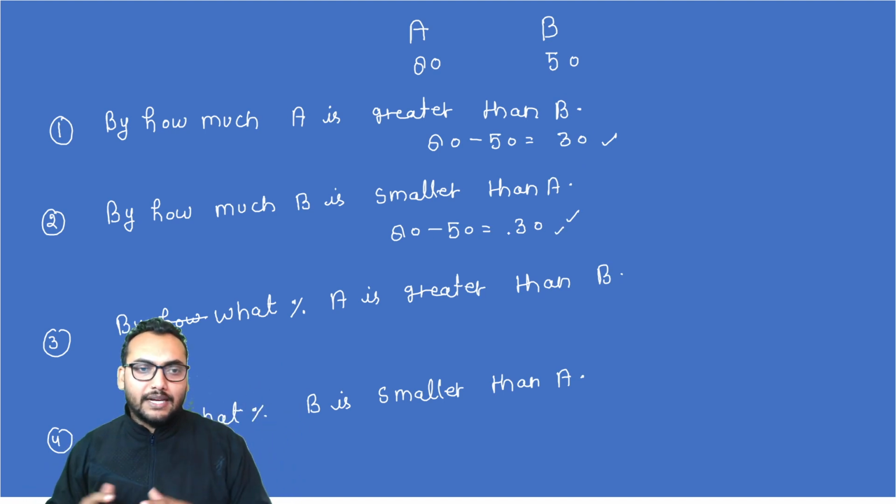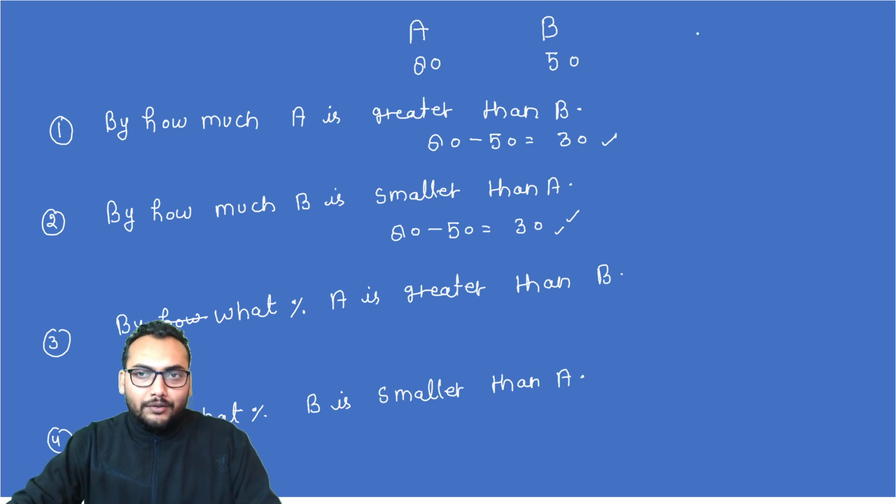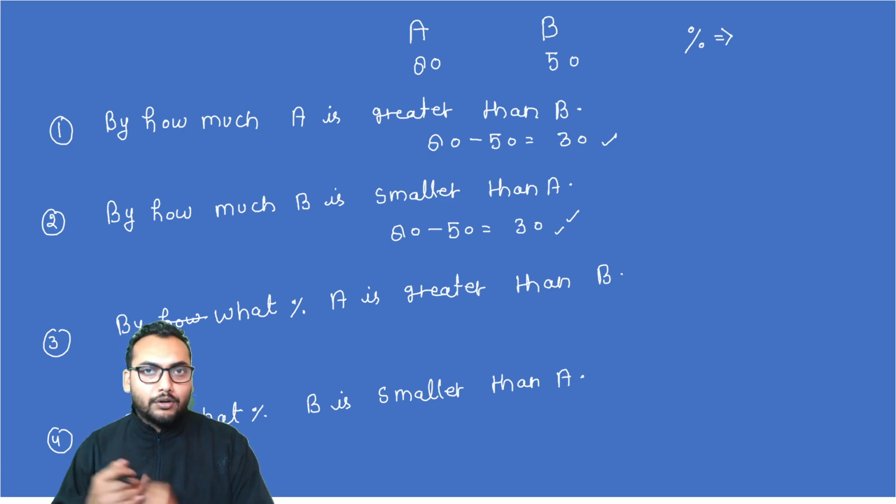Now the third question is by what percent A is greater than B, right? So my motto is to let you know how we can find out the percentages. What I told you initially, whenever you are going to find a percentage, what is percentage? Percentage is a comparison between two or more quantities.